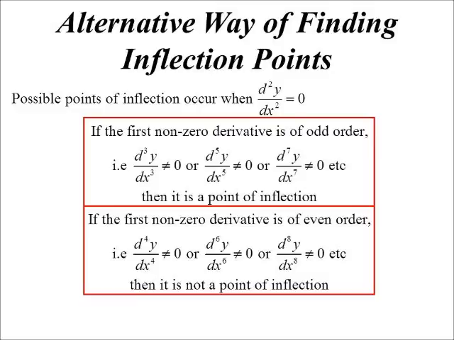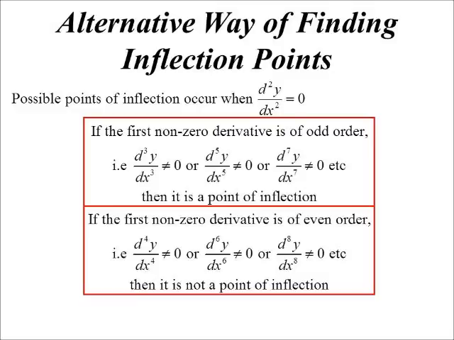That doesn't make sense. Keep going. Third derivative, 24x, sub it in. Still 0. Oh, okay. The fourth derivative is equal to 24. It's not equal to 0. So the first time when I substituted in x equals 0, I did not get an answer of 0, it was an even derivative. So it's a turning point.